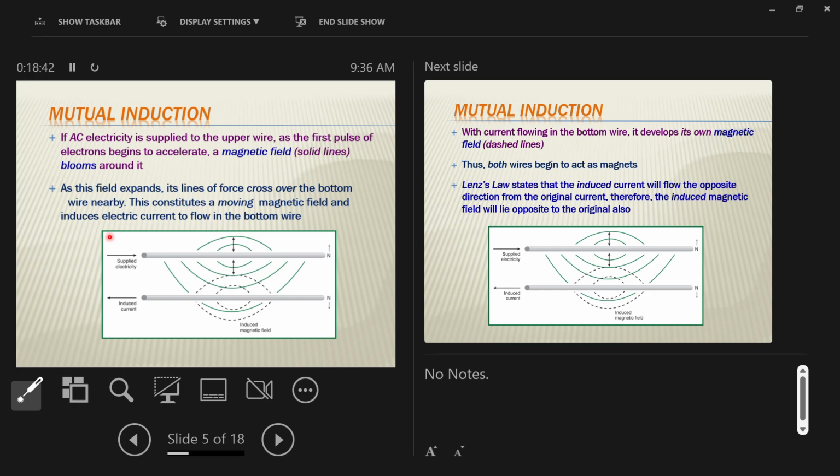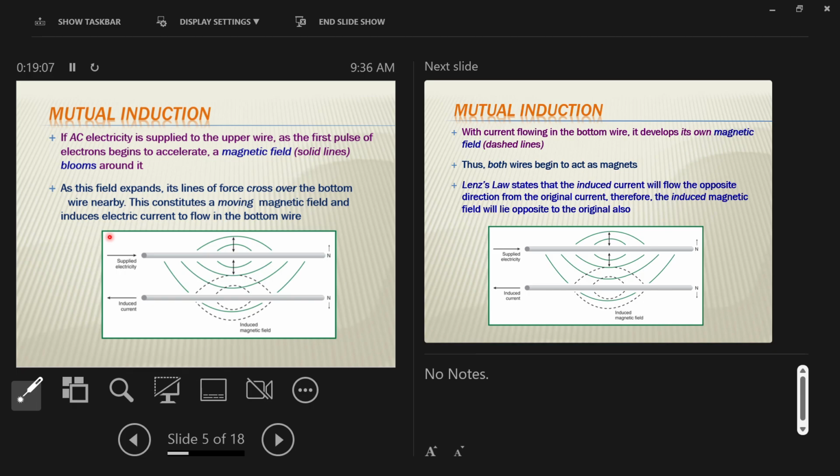Here's what's interesting. There's a law called Lenz's law, L-E-N-Z, which says that whatever direction the current is running in the inducing wire, in the primary wire, the induced wire sends current in the opposite direction. It's not that important for practical purposes, but it's interesting to know that the current actually runs the opposite direction.